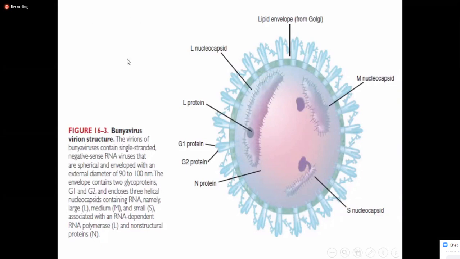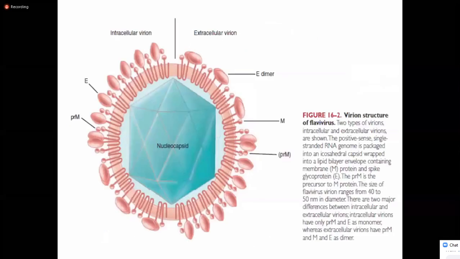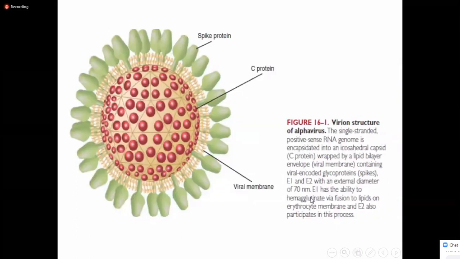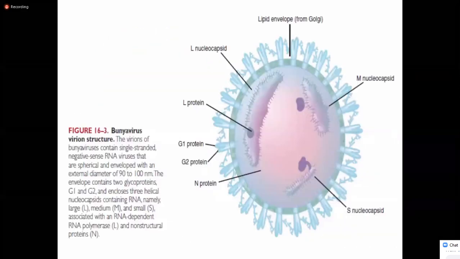The virion here is the largest one, 90 to 100 nanometers in diameter. The flavivirus is the smallest, 40 to 50, while the alphavirus is about 70 nanometers. So the alphavirus is in between the flavivirus and the bunyavirus.